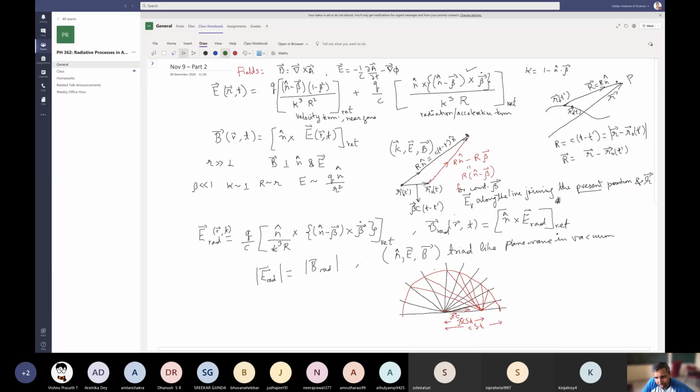Whereas outside, they don't know that the charge has stopped. So the lines will point towards this location. Sorry, this is the location.